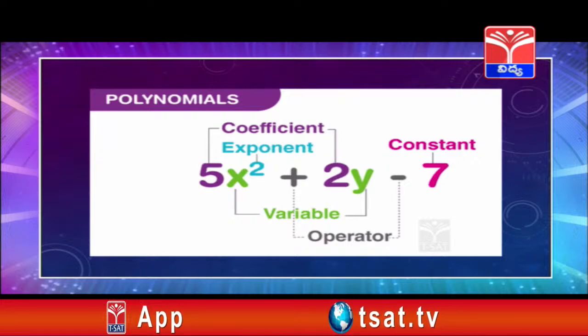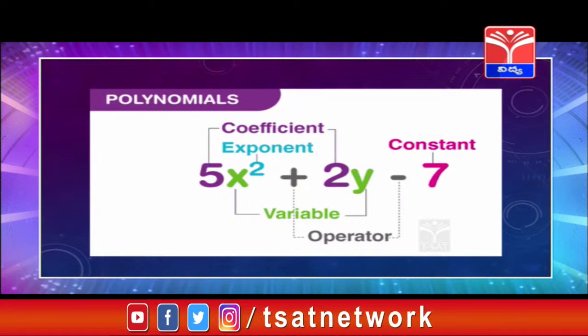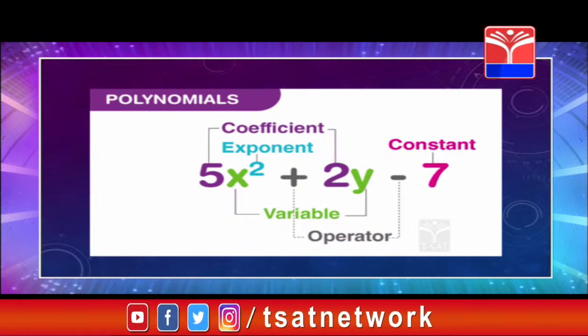If you consider the term 5x square, x square here is an exponent, correct? And 5 is its multiple, called the coefficient. Here x is the variable, clear? And 7 is a constant. So, there are some constants, some numerical values, some variables.